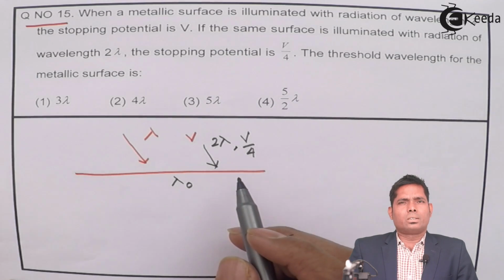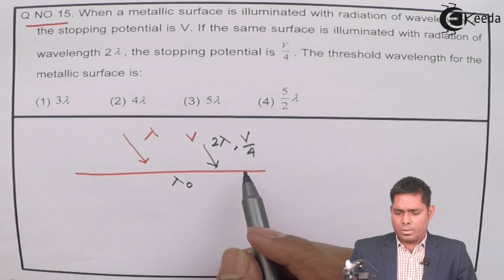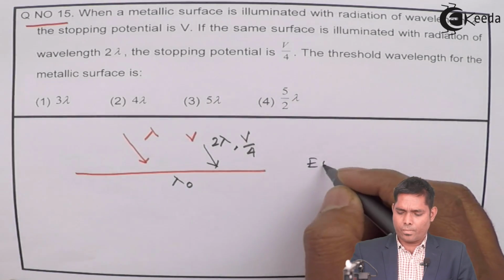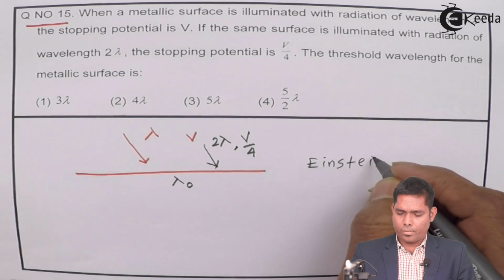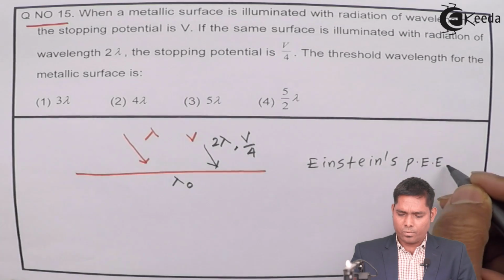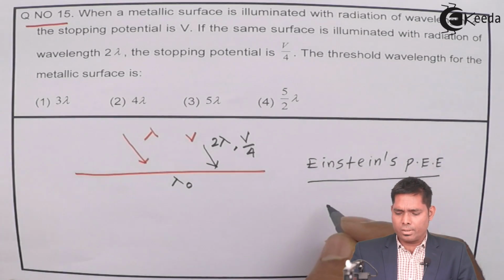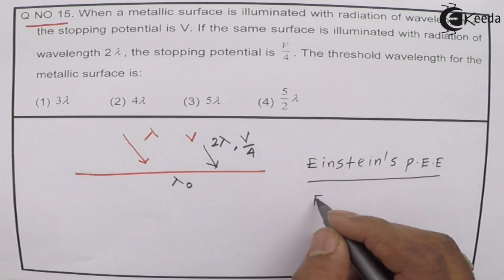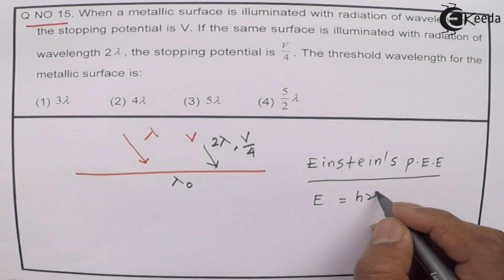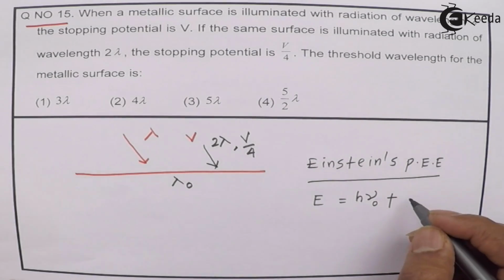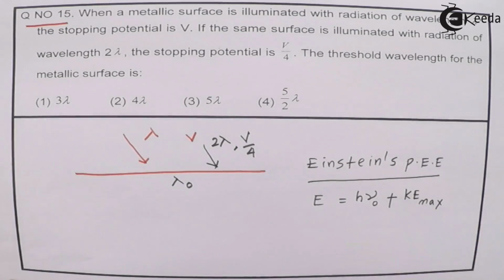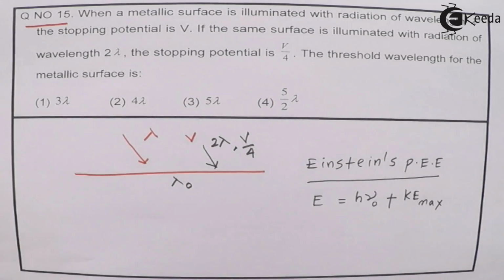The equation that is used for this is Einstein's photoelectric equation. The energy that is incident is used up in the work function of the metal plus the kinetic energy max of the photoelectrons.